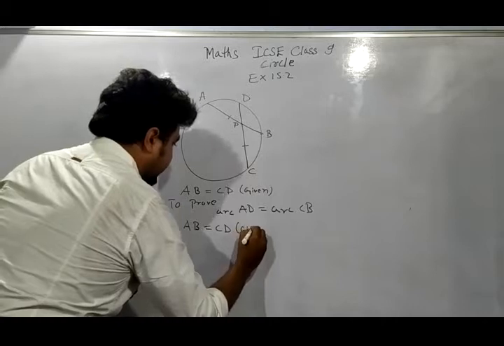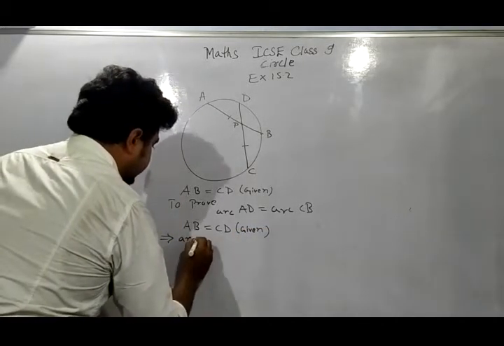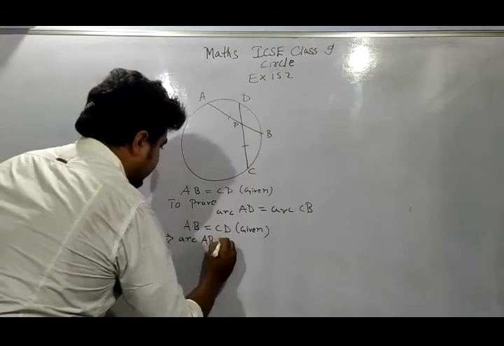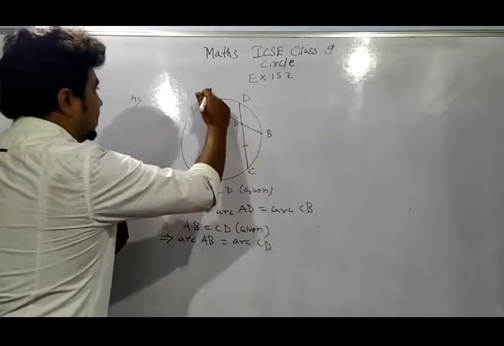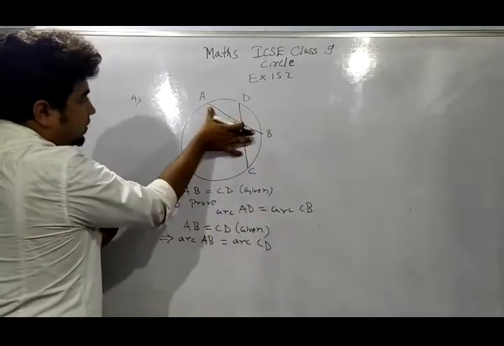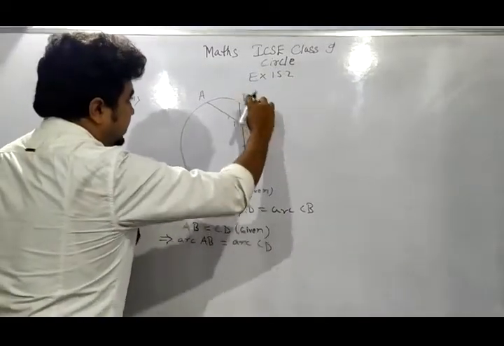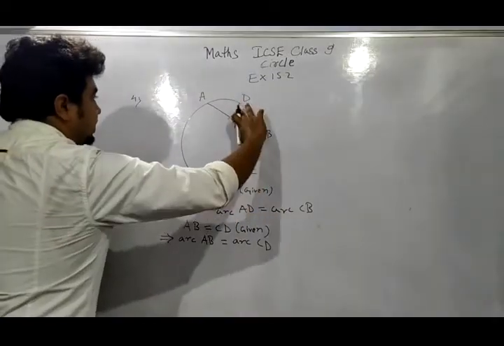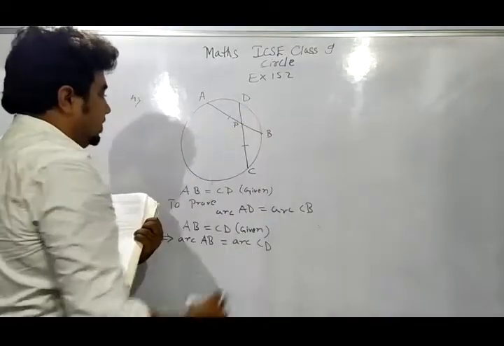That implies arc AB is equal to arc CD. This entire arc AB is covering the chord AB. If I am saying arc CD, this is covering this entire arc of the chord from here.